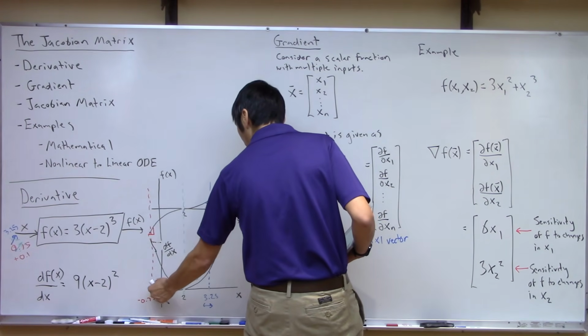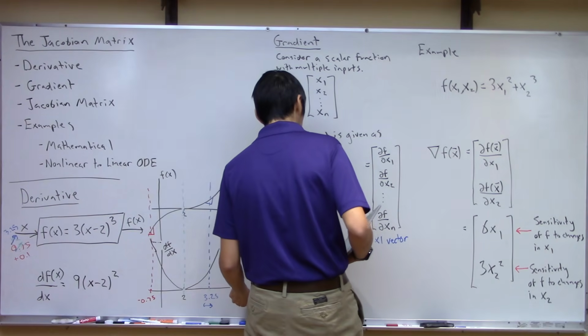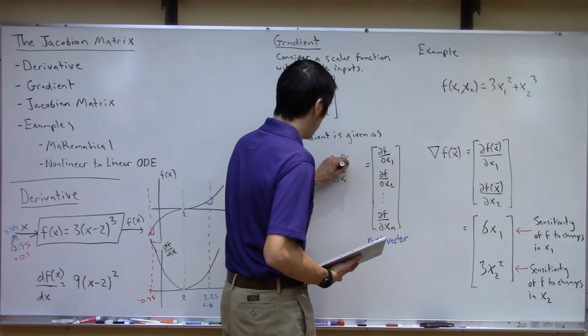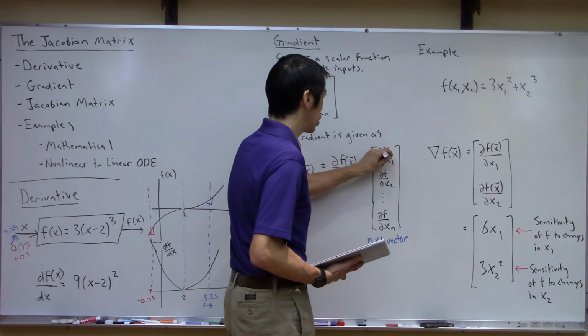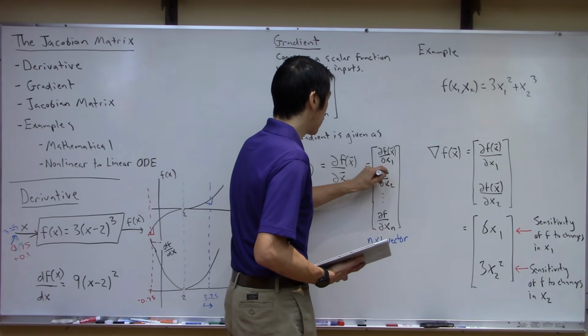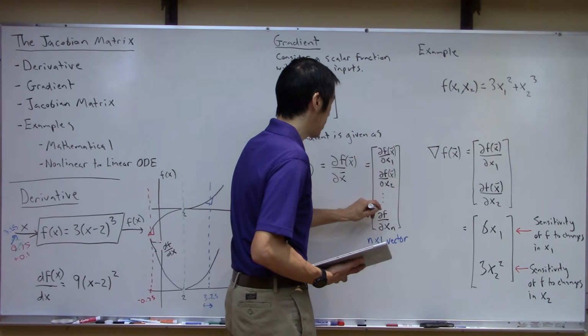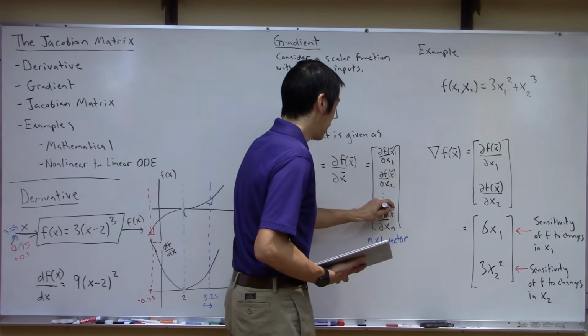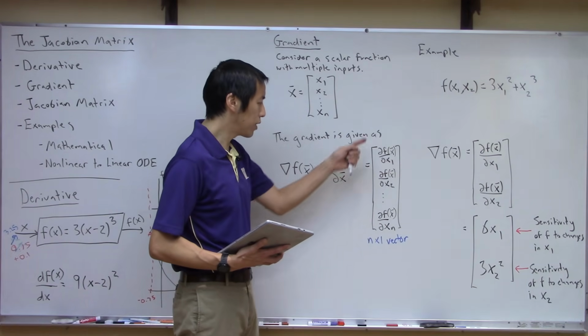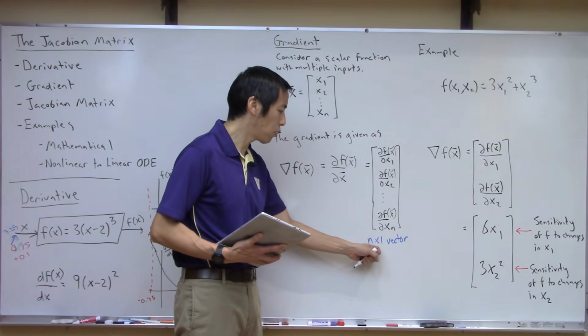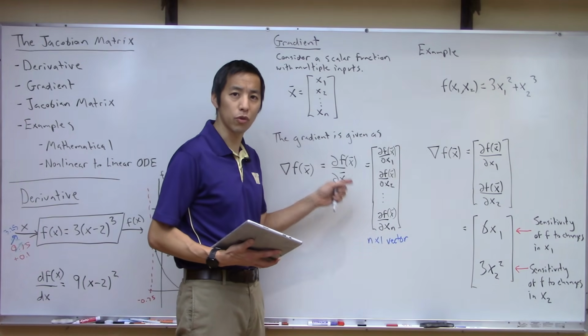Its value depends on what the value of x is. And we should put this notation here as well, because every single one of these components is going to be a function of the input vector x. So at the end of the day, you end up with an n by 1 vector, which represents the gradient.